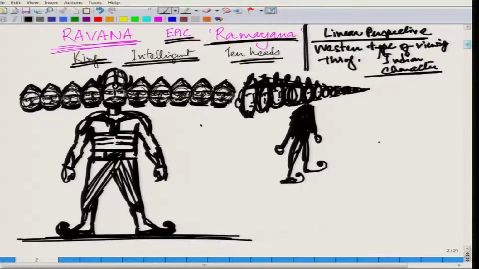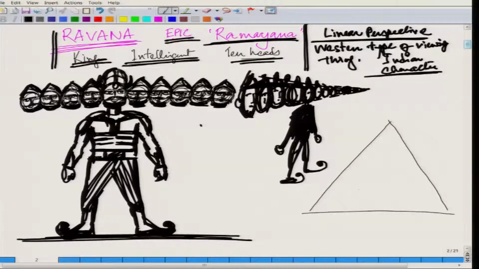So, to be creative, we can think of a different space division which is not following the mandatory mythological norms of Indian art, but in the modern context we can place the heads in a much more economic way. So, we are going to place the heads in a pyramidical order and we can do a lot of space economy through it.